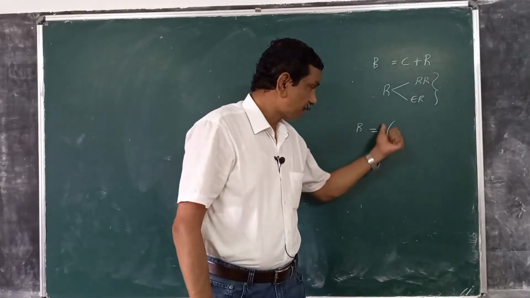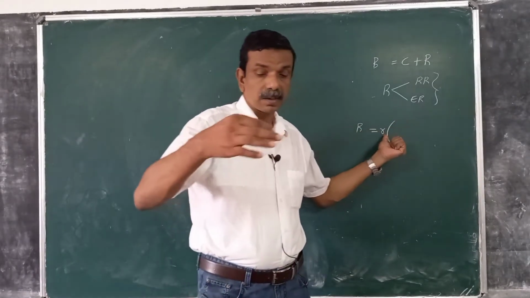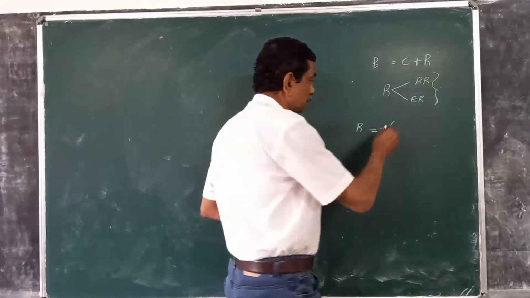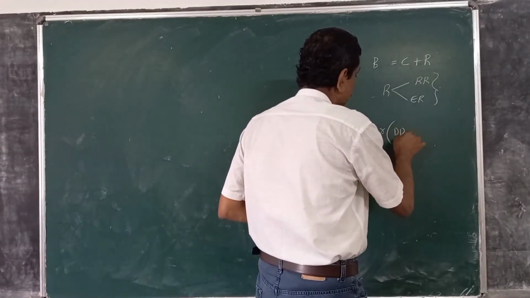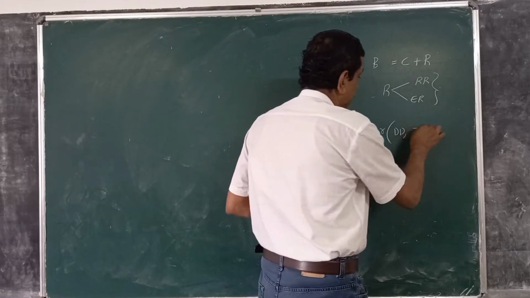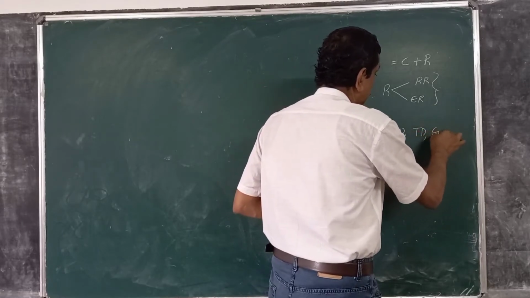Reserves is a fixed proportion R of total bank deposits, which consists of demand deposits, time deposits, and government deposits.